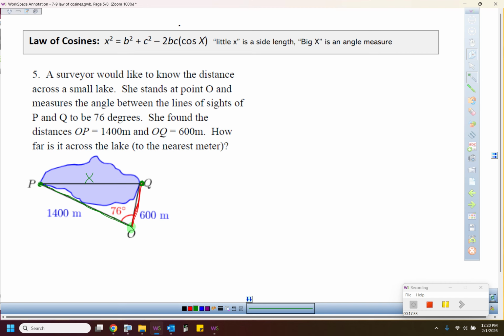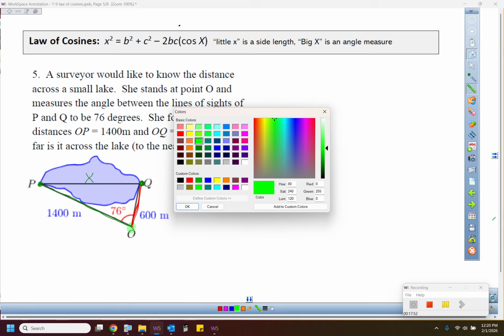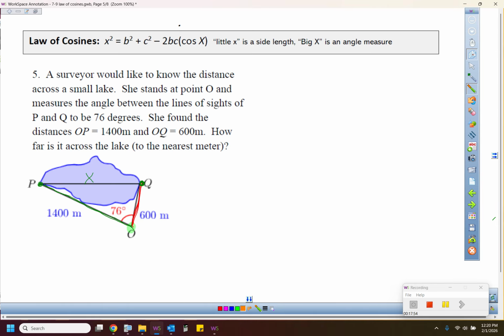And we'll decide if we want to use special right triangles. Nope, don't have 30, 60, 90 or 45, 45, 90. Can we use SOHCAHTOA? Nope, I don't have a 90. Law of sines or law of cosines, that's about how many sides they gave us. And we know more than one side, right? So that's going to be the law of cosines. Who the heck is this?